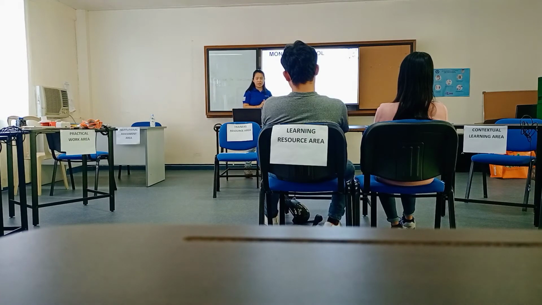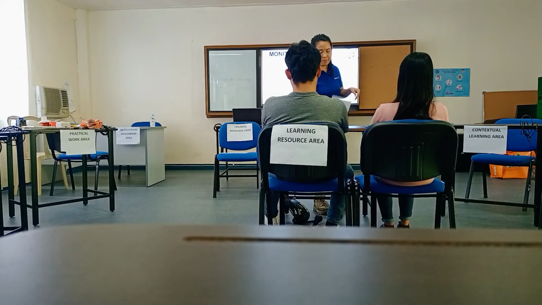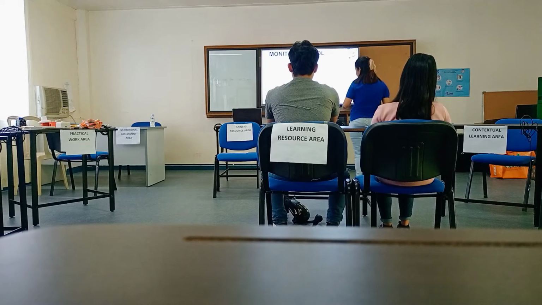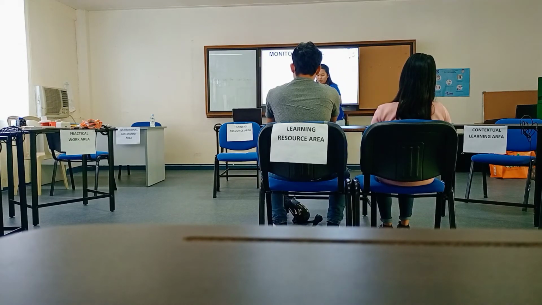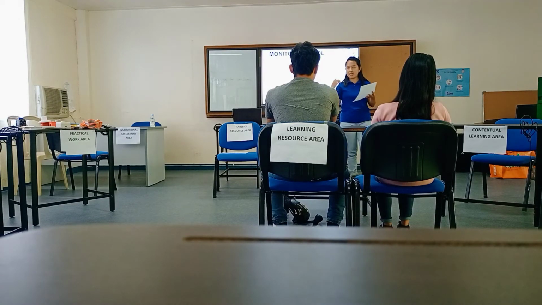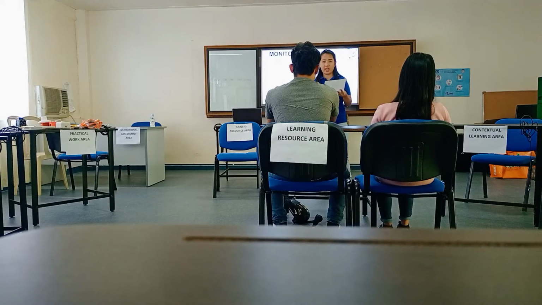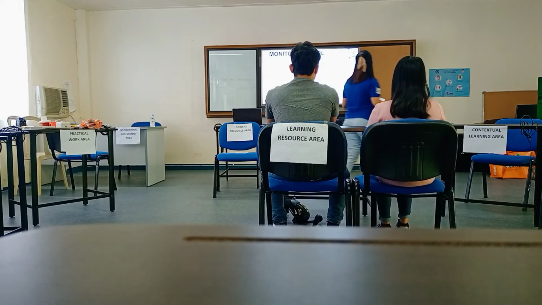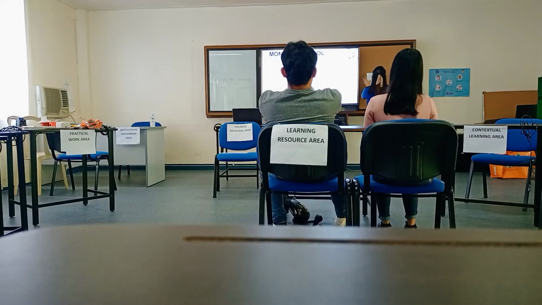So let us proceed to the monitoring tool. In our monitoring tool, we have here the trainer's record book, where I will cite every specific task you've done. And also we have the achievement chart for every performance task that you have done in our practical work area. Okay, so I will update your achievement chart.